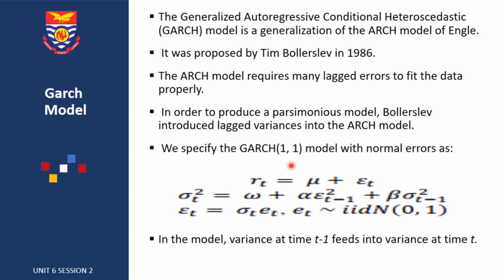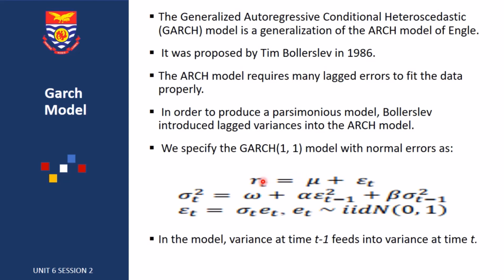This is the ARCH part and this is the GARCH part. Sometimes we use the notation (p,q), where p is the ARCH order and q is the GARCH order. It has to do with the lags of the ARCH and the lags of the GARCH, like we saw in our ARIMA model, where we have ARIMA(1,0,1), (2,0), (2,1,1), (2,1,2), among others.